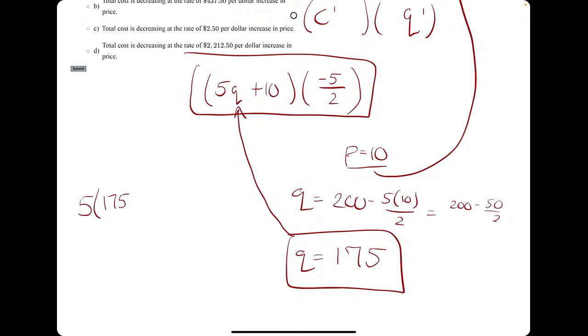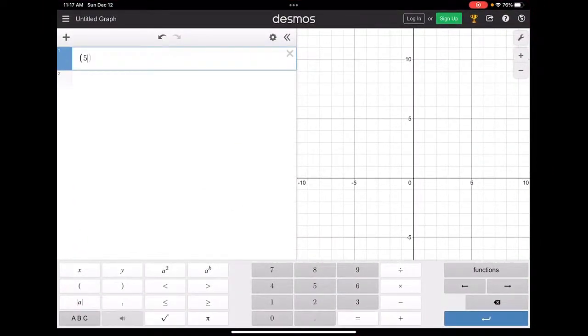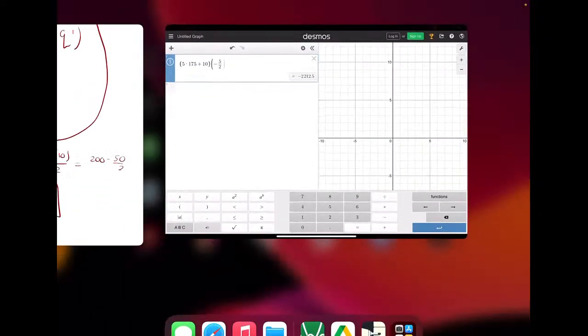So 5 times 175 plus 10, close that off, times negative 5 halves is what we're looking for. 5 times 175 plus 10, I believe, and then times negative 5 over 2, and we get negative 2212.5.